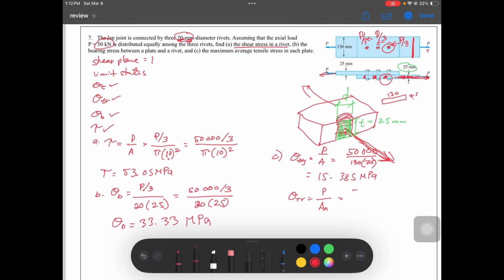So, ano ang force dito? Hindi mo i-divide ang P kagaya dito, no? So, dito, dadaan ng buo ang force P, ang buong 50,000 Newton.